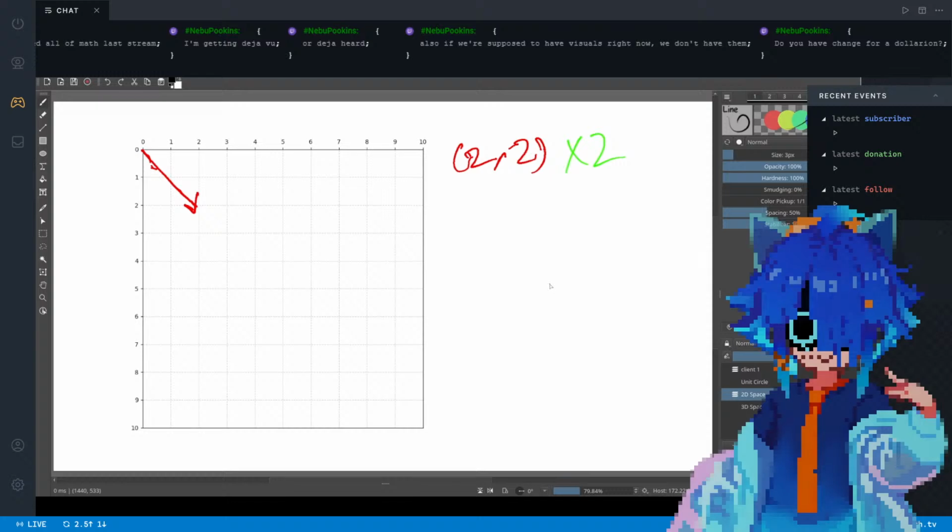Well, we take the 2 and multiply it into each element of the vector. All 3 in 3D, all 4 in 4D, and so on. So what's 2 times 2? It's 4. What's 2 times 2? It's 4. So this gives us the new vector 4, 4. Which, if we notice, is very similar to our good buddy 2, 2. He's just a bit longer.